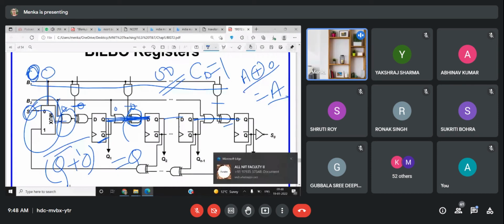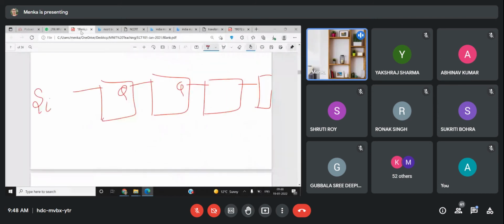Okay, so whatever SI was, you will be getting SI bar, right? So this SI bar is available at the input of the first D flip flop. So SI bar is the input, and in this fashion you are getting all the D flip flops. Okay. So if this is pushing a new input, this input is shifted to this, to this, to this, and then the final output.